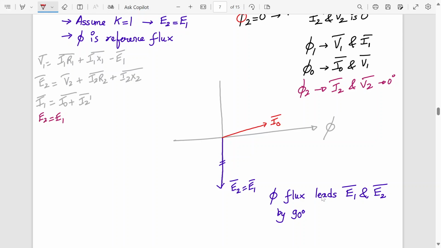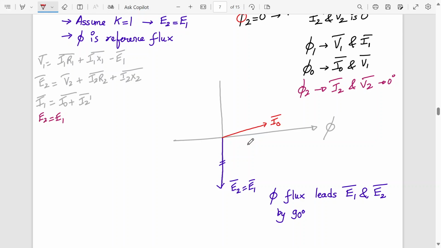Any idea? No idea, sir. Okay. So I2 and V2 should have a zero phase difference. That much you agree?